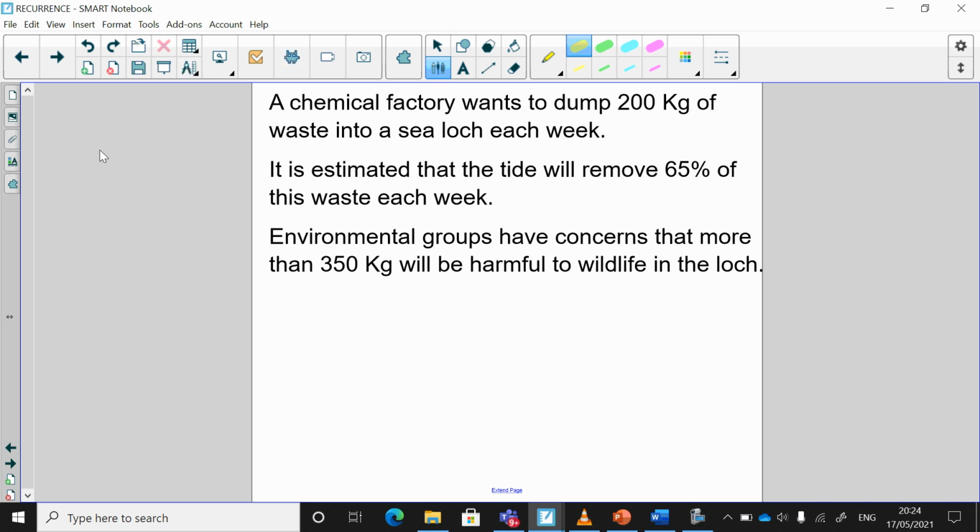Have we got a question? Yep. Is it safe for the factory to dump the waste? We know they shouldn't dump the waste. That's not the question. Is it safe for them to dump the waste? Right. So let's go back to that part there. 350 kilograms. That's a target.